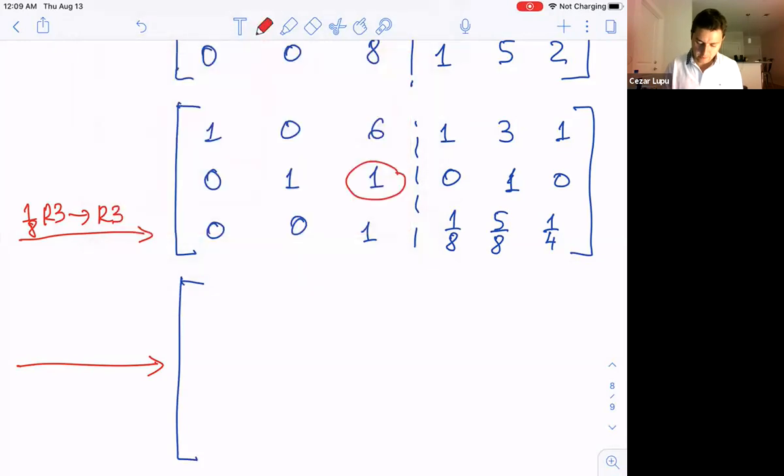Let's write it here. R2 plus -3 times R3 will be my new R2. Okay, we'll have the following.